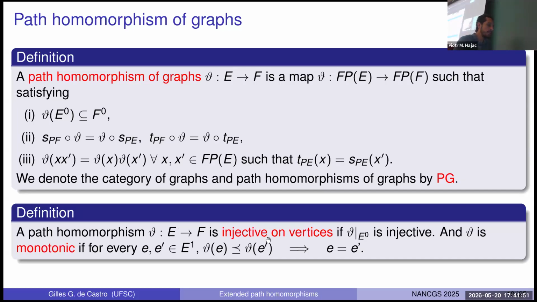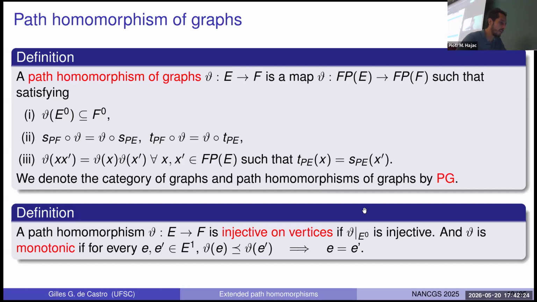The first thing that we ask is that theta be injective on vertices, because different vertices are orthogonal, and if you take the image, they also need to be orthogonal, otherwise you're going to have something which is not going to satisfy the relation V. So we need it to be injective on vertices.